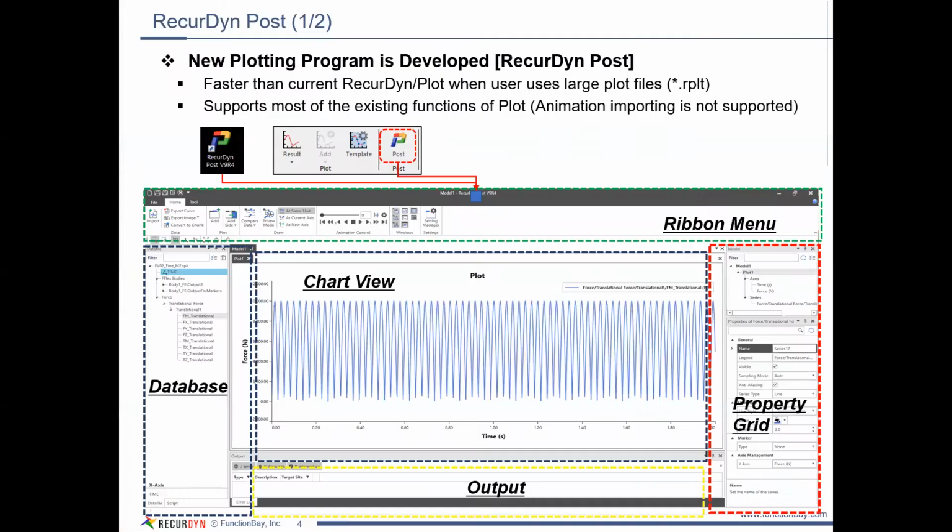So we're going to start here with the GUI. And first of all, just a brief introduction. There is a new plotting program that's provided with RecurDyn. It's called RecurDyn Post. The purpose of RecurDyn Post is to provide plotting capability when you have many plot points.